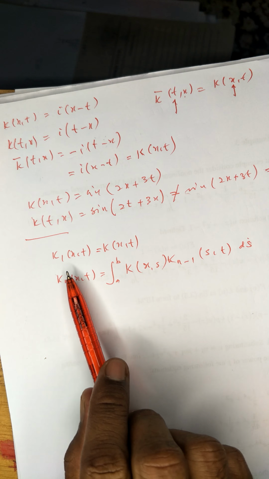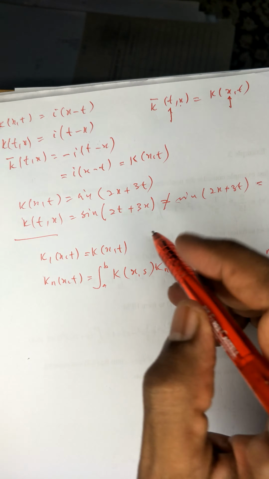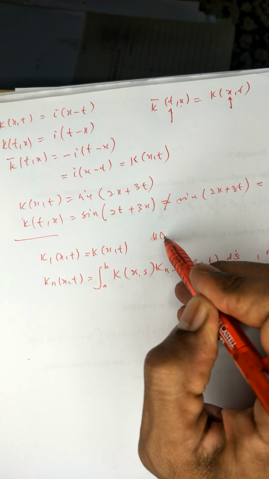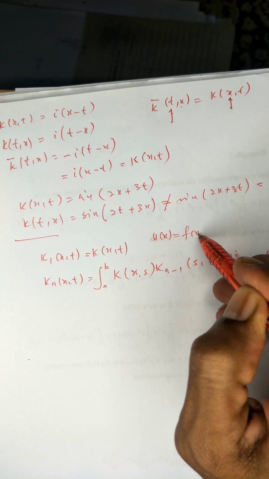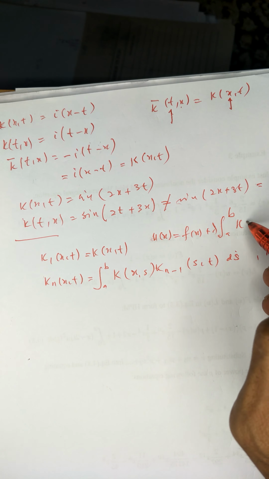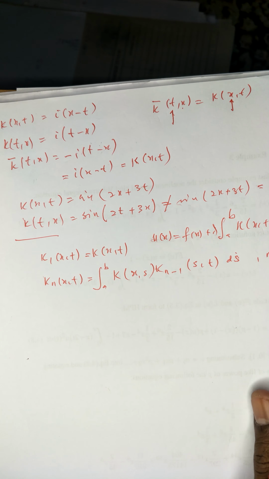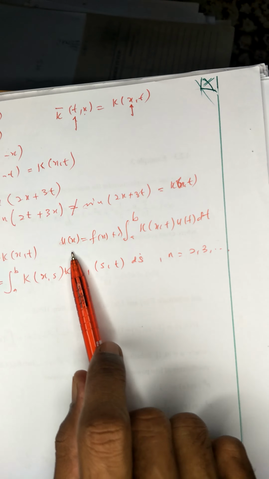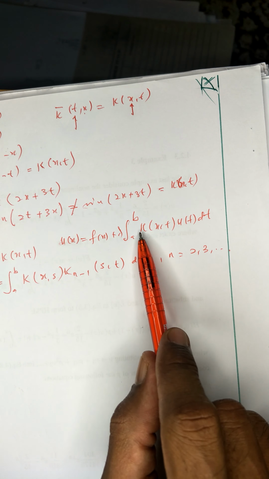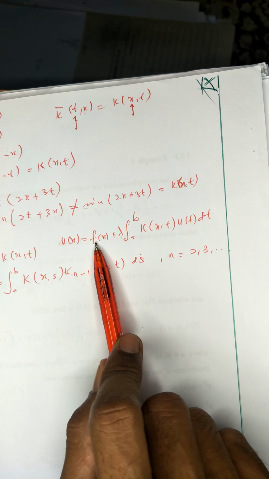Why? Because, given this Fredholm integral equation, u(x) equal to f(x) plus lambda integral a to b K(x, t) u(t) dt, for a specific case K is given and f is given.